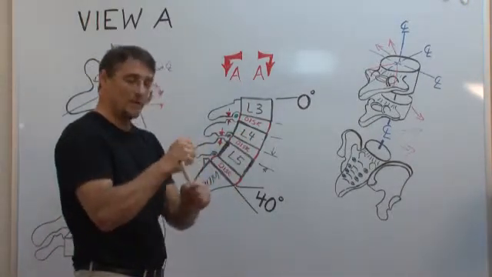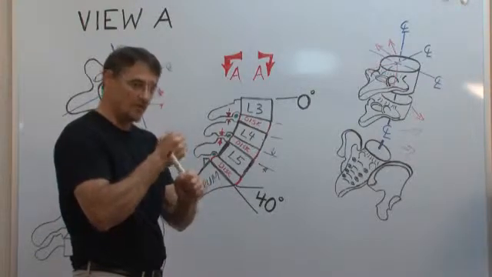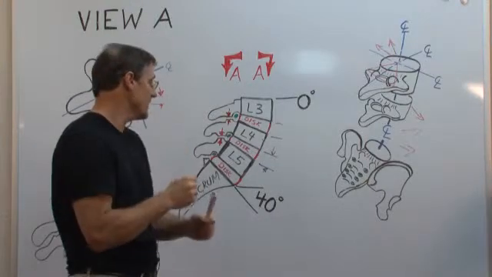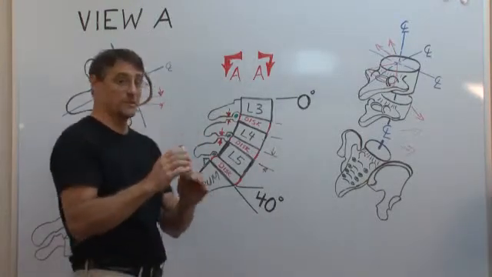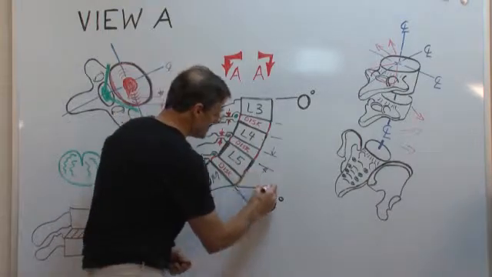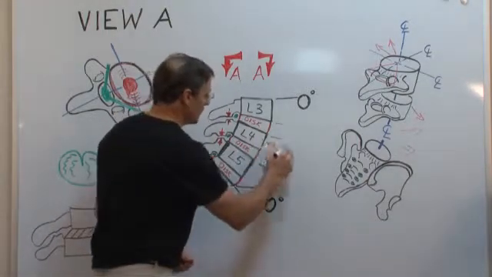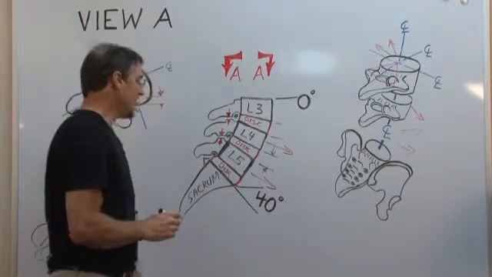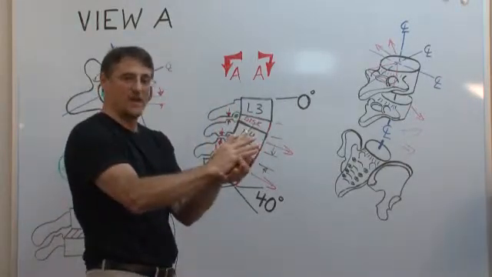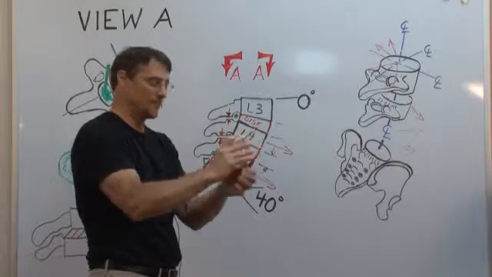It allows a little bit of play in that disc, which allows the vertebral body to start to shift off center. And being on center is very important. It shifts off center, and the vertebral body drops forward. When that happens, these posterior joints lock in, compress, and get stuck together.